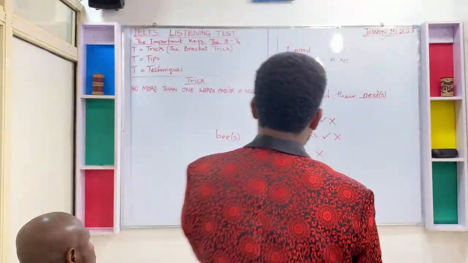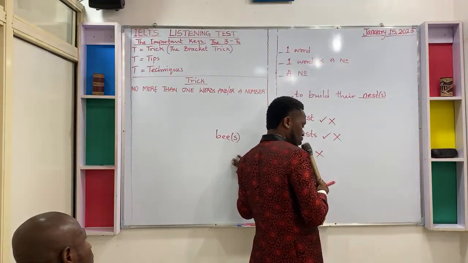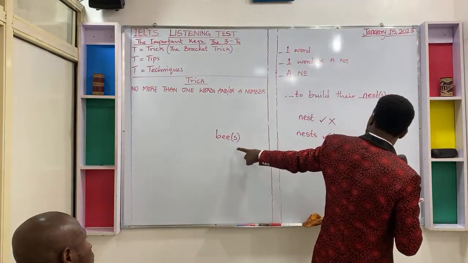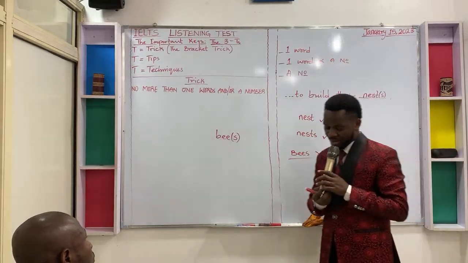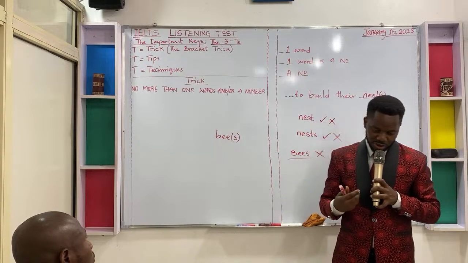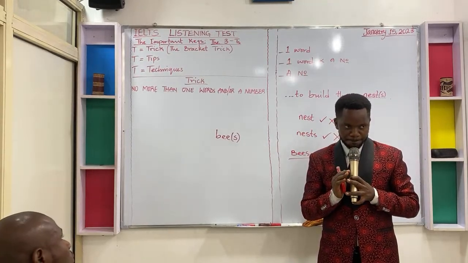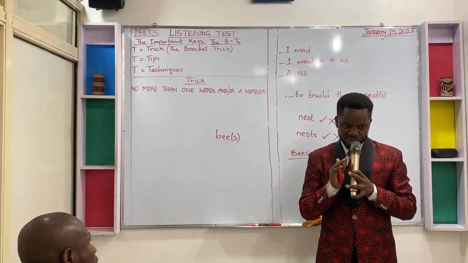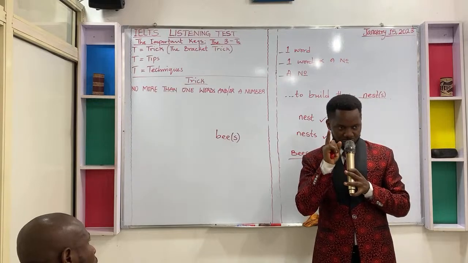When you are applying the bracket trick to one word answers, such as this, what is it trying to consider? What is the consideration for applying the bracket trick on one word?